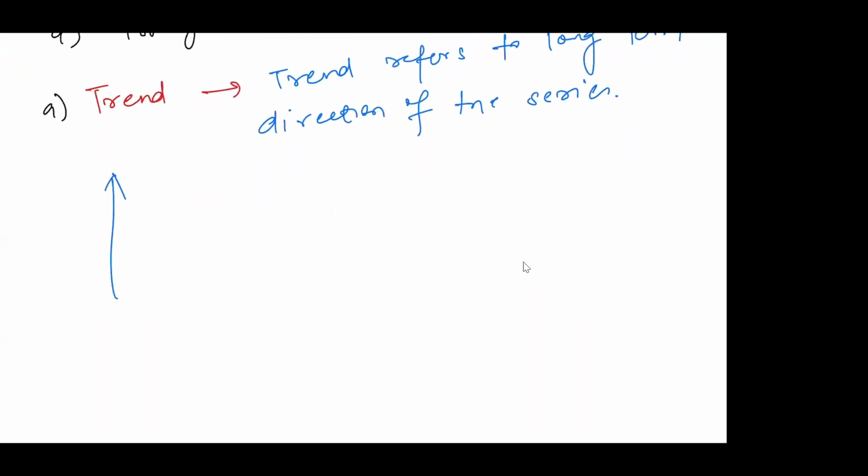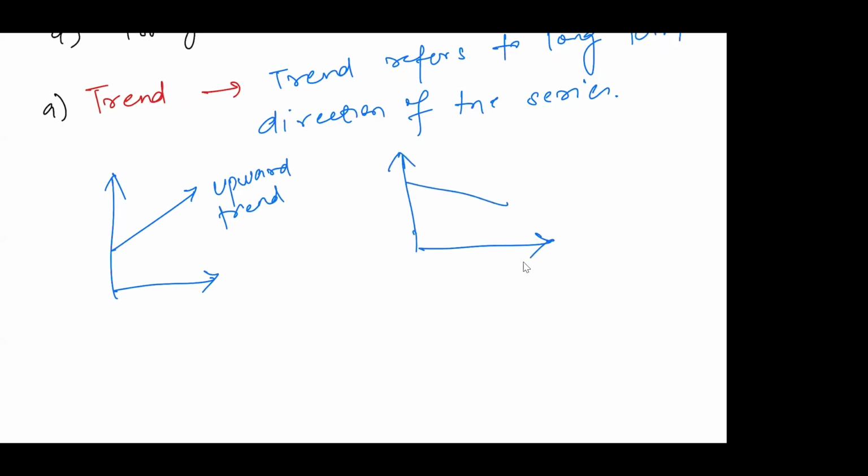It can be an upward trend or it can be a downward trend. This is what a trend is. If you see some stocks, they grow with time, so you'll see an upward trend in the time series of the stock. So this is the first component.